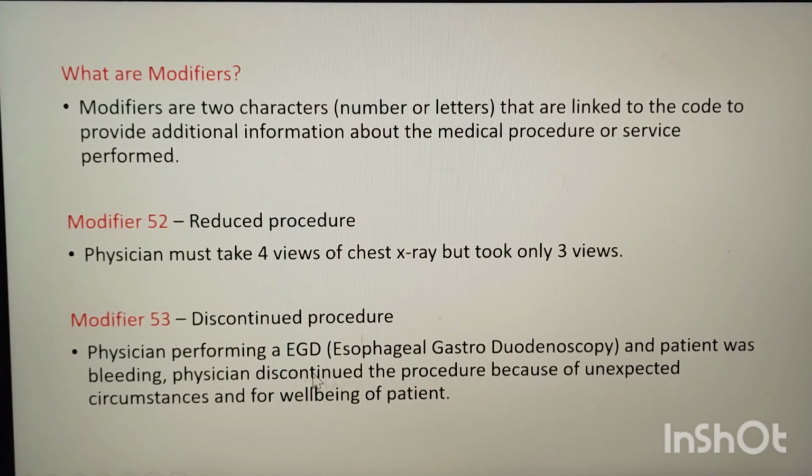For that procedure, we have to give modifier 53, because he discontinued the procedure for the well-being of the patient. In the modifier 52 example, the patient is fine, but the physician only took the decision of taking fewer views. Here, for the patient's well-being, the physician discontinued the procedure. So we have to give modifier 53. This is the example for modifier 53, and that is the example for 52.